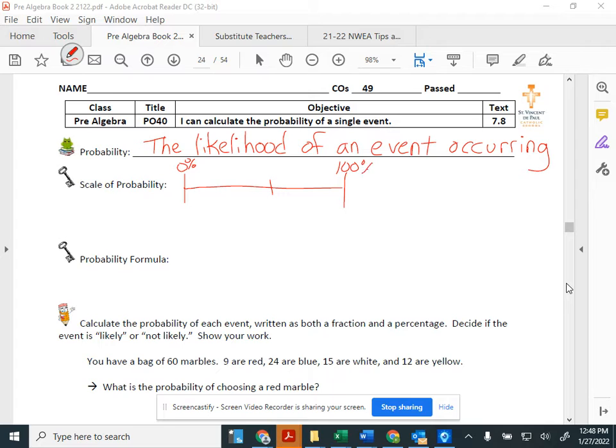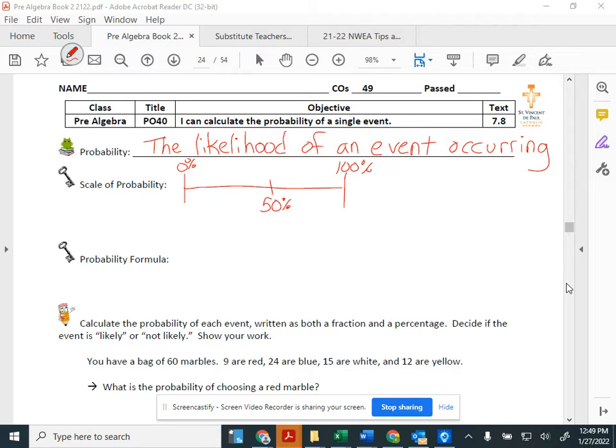You can't get over 100%. It either is going to happen, it's not going to happen, or it's somewhere in the middle. So our middle, we know, is 50%.